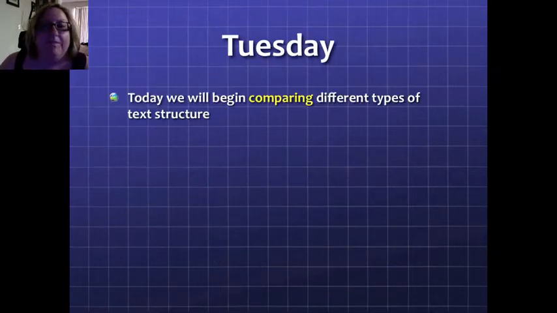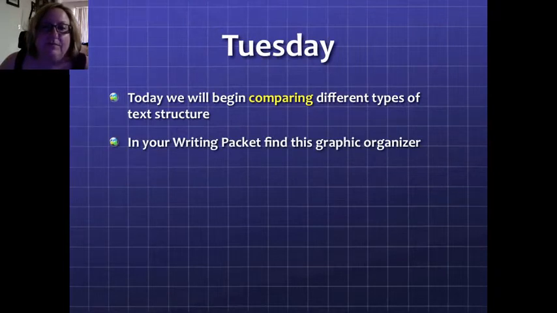All right. Today we will begin by comparing different types of text structure. In your writing packet, not the reading one, in the writing packet, find this graphic organizer. It looks like this. If you didn't bring your writing packet, take a minute and copy this graphic organizer into your notebook.